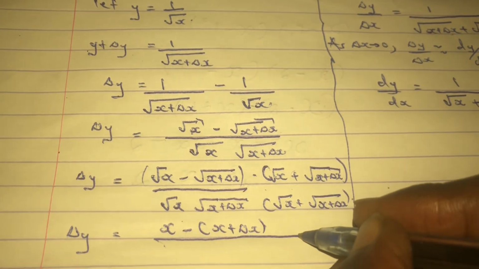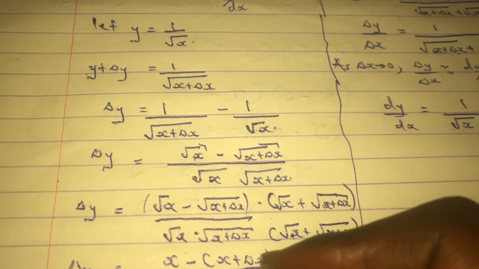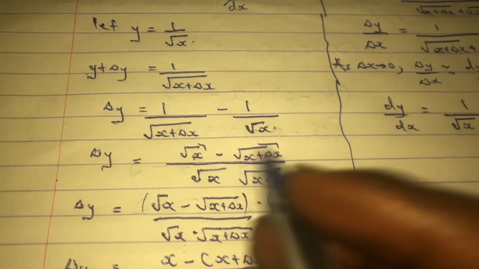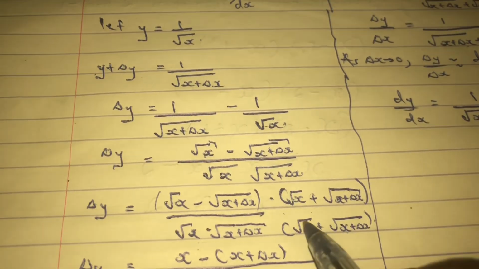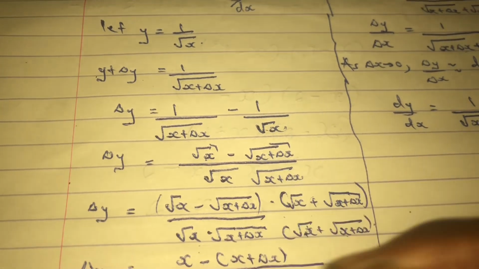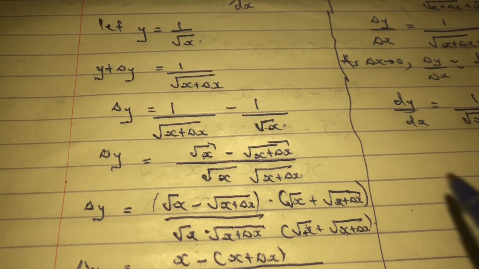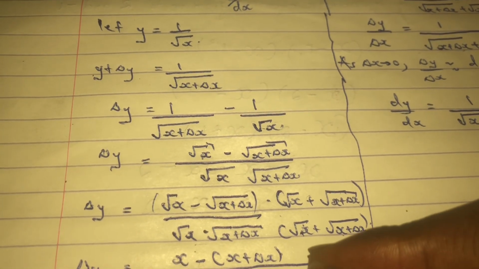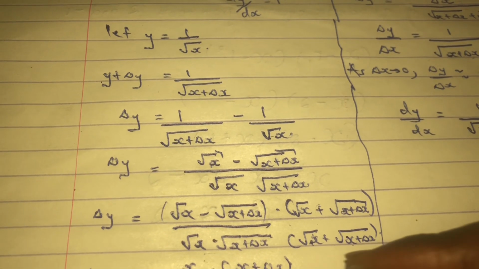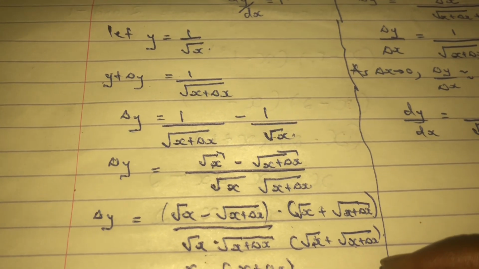And that means down here, multiply this times this, we remain with root of x plus change in x, multiply this times this, this times this becomes x, because a half plus a half gives you a 1, that means it becomes x, and this times this gives you x plus change in x root of x.